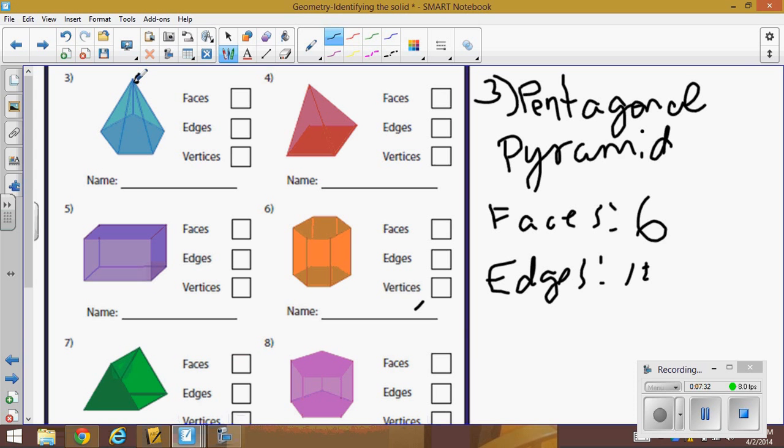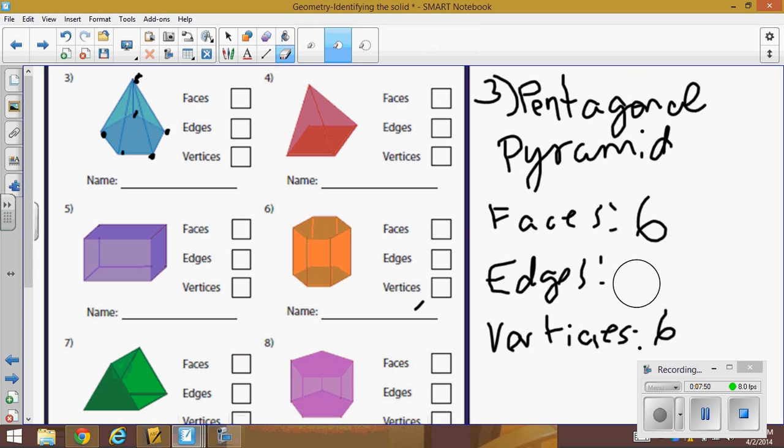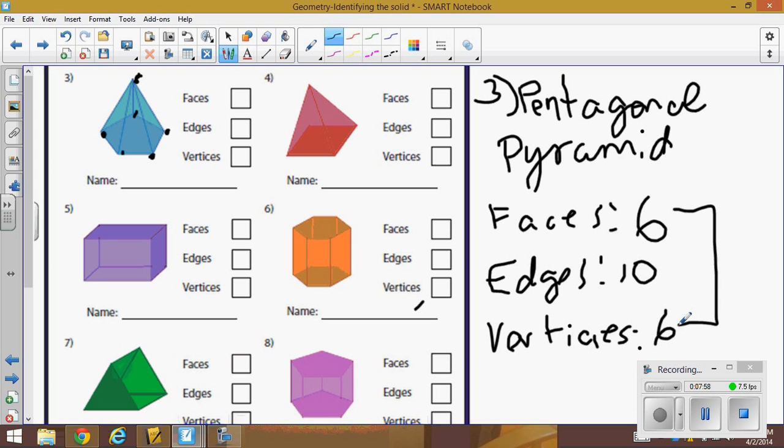There's 1 up here, there's 2 in the back, 3 here, 4 here, 5 here, 6 here. So vertices is 6. I believe we said 10 for edges. Okay, so notice the vertices and the faces are the same measure.